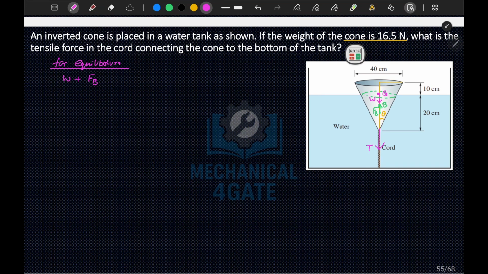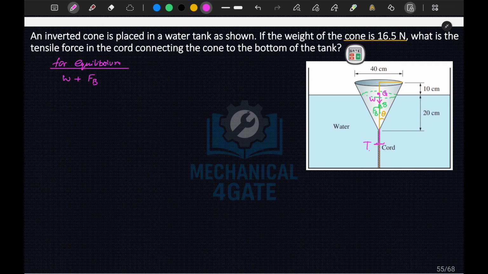First, if the weight of this cone is greater than FB, then the tension will be in the upward direction. Or if your buoyant force is greater than W, then the tension will be in the lower direction. I think you understood this point.